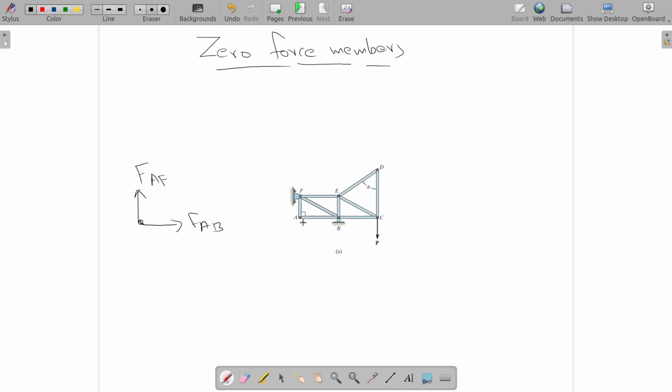Member force in FAF and member force in AB. Any other forces? No external forces. This is it. So here sigma Fx is equal to 0, net force in x direction should be 0, which means that FAB is equal to 0. Net force in y direction is equal to 0. That means that force in AF is also 0.